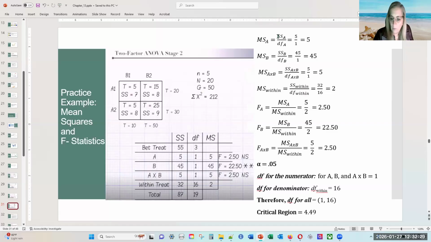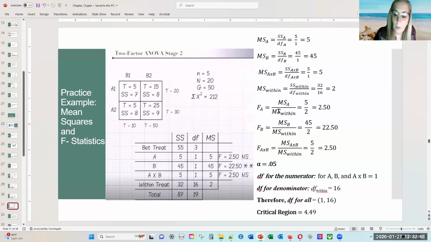So we have sum of squares from A divided by the degrees of freedom A to get our mean squares for factor A. Do the same for factor B. And then we do the same for the interaction. We also need to calculate mean squares within, and we end up with 2.